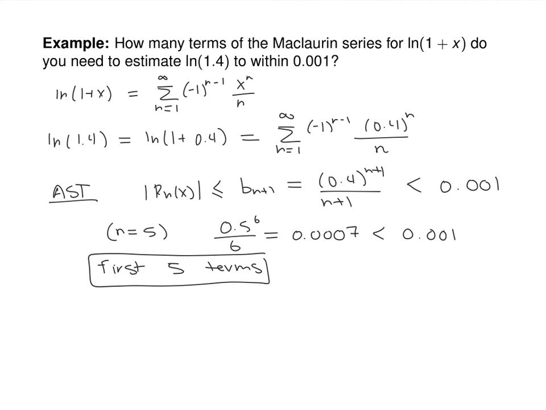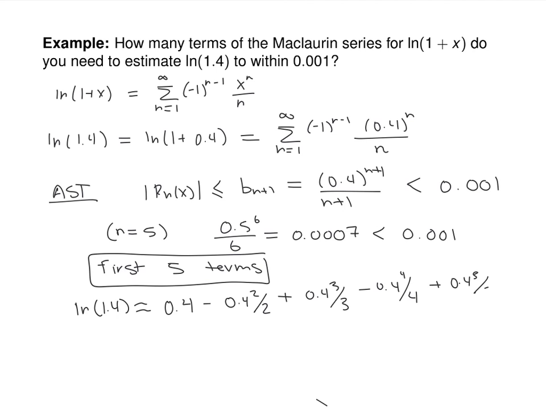And so up to n equals 5, if you use those first 5 terms, you see that ln of 1.4 is about equal to, first term is 0.4, the second term is minus 0.4 squared over 2, plus 0.4 cubed over 3, minus 0.4 to the 4th over 4, plus 0.4 to the 5th over 5.